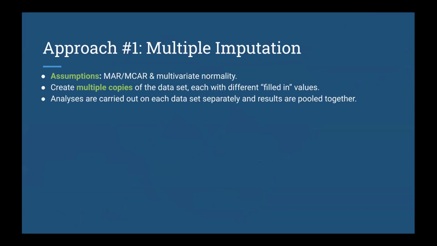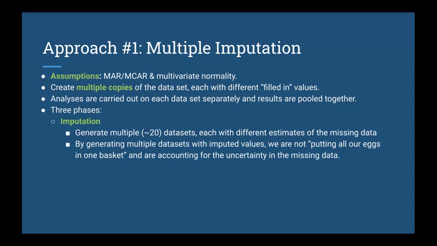In multiple imputation, you assume that your data is CMAR and MCAR. Another assumption is multivariate normality. How we do this is we fill in the values, which is what imputation means. We create multiple copies of the data set, carry out the analyses on each separate copy, and then pool our results together.